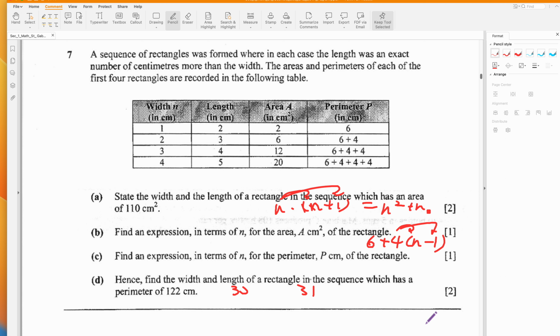So are you trying to tell me the perimeter is actually 6 plus 4, 21, right? This will give you, can you help me out? 4 times 29 plus 6. It's 122. Okay, good.